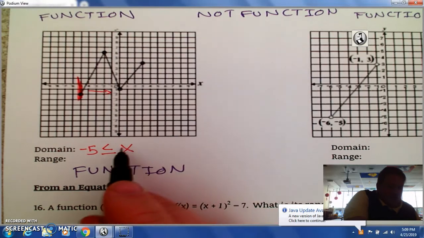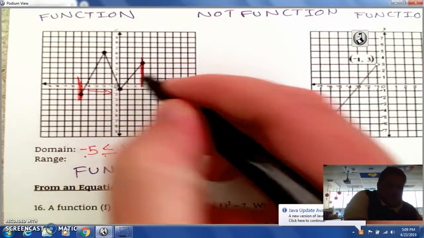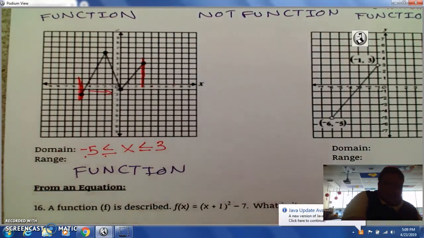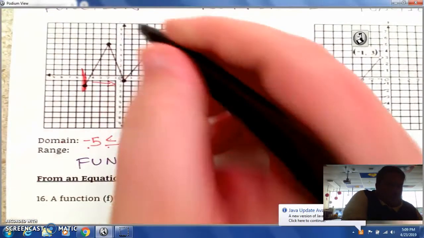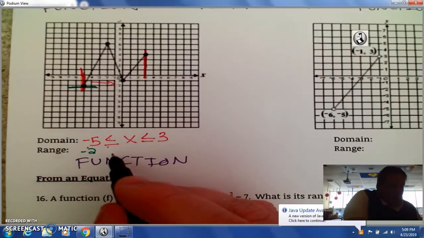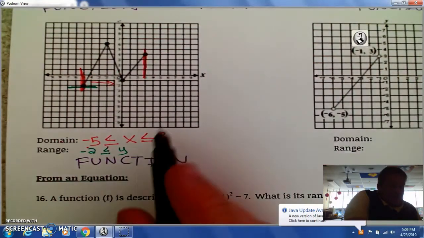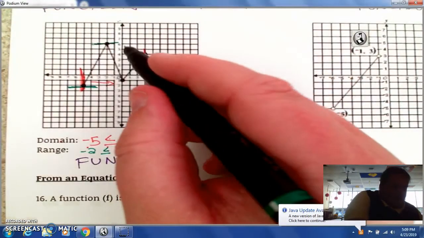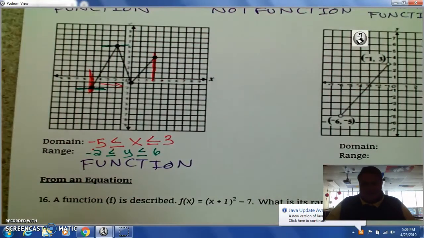So x, or your domain, is greater than or equal to negative 5, but then over here it only goes to 3. So it's less than or equal to 3, because it's not 4, 5, 6. Okay? Now, our range, our y-axis, goes up and down, starts at negative 2. Y is greater than or equal to negative 2, because the shape goes up. And the highest point it goes to is right here. That's the highest point, and that's a 6. It doesn't go past 6, so it's less than or equal to that 6. Okay?